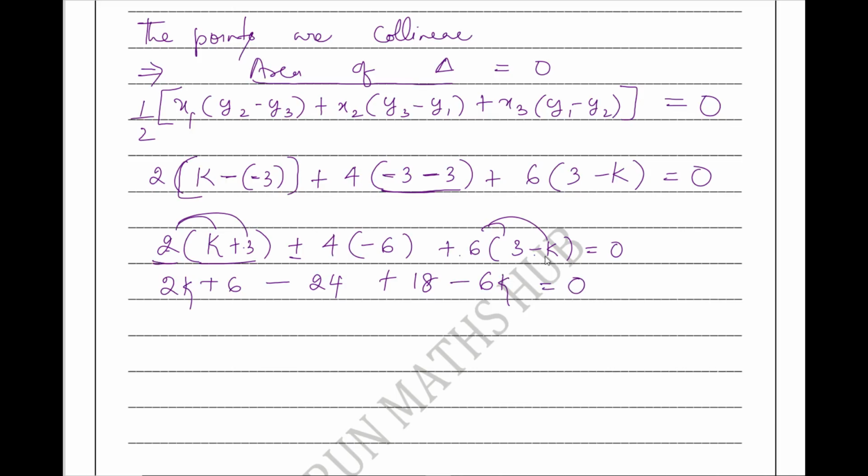Now what is the next step? Try to group the like terms, that is 2k minus 6k, and group the constants now. Plus 6 minus 24 plus 18 equals 0.